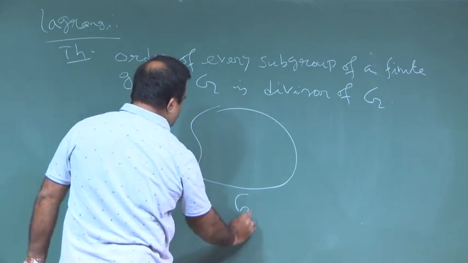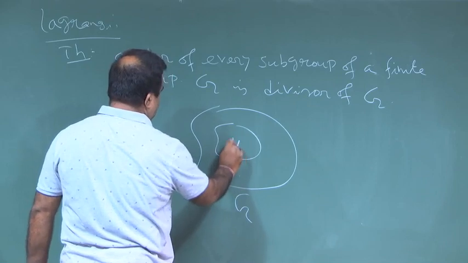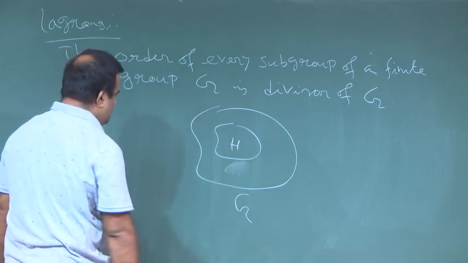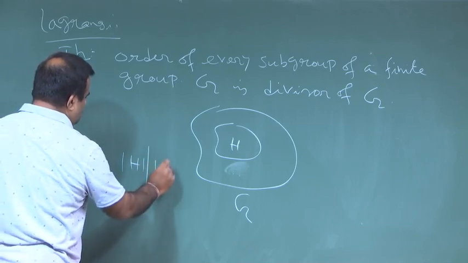Suppose G is a group and H is a subgroup of G, and if G is finite, this is telling us the order of H divides the order of G.